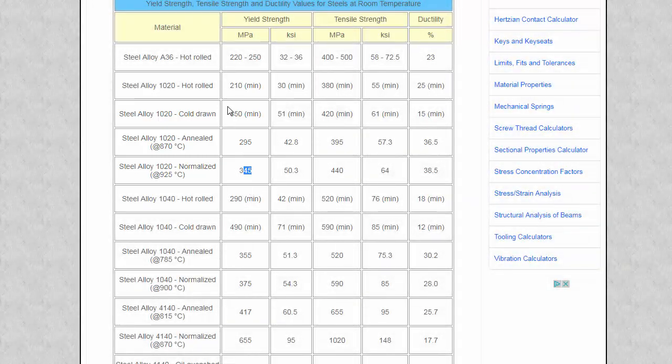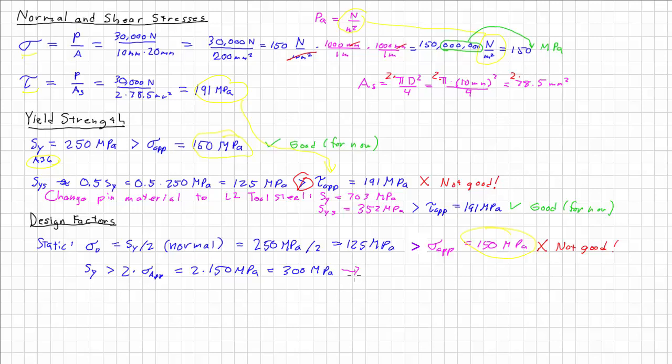So let's go back here. At the very end, I will say specify 1020 normalized, where the yield strength equals 345 megapascals.